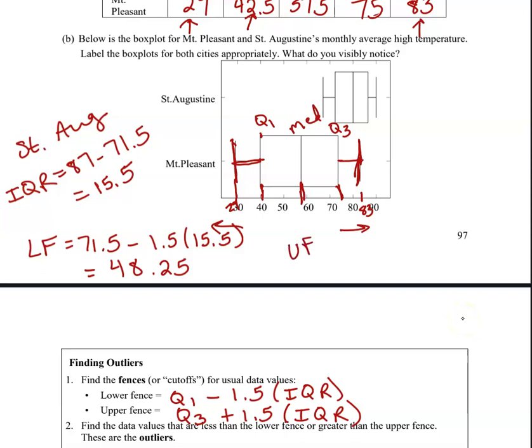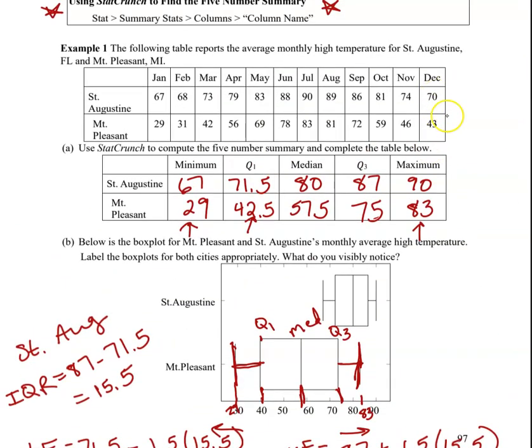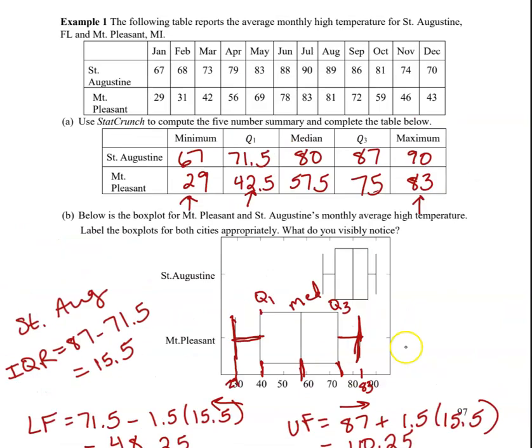The upper fence is going to be Q3, which was 87, plus 1.5 times the 15.5. Again, let me calculate that. I'm getting 110.25. So again, I would go back to my data set and ask, are there any values in the data set that are higher than 110.25?